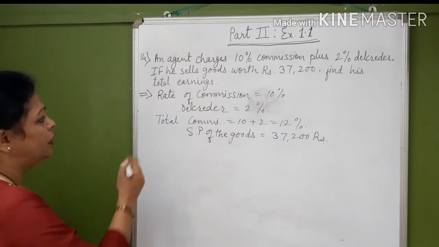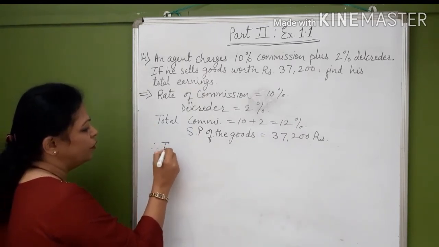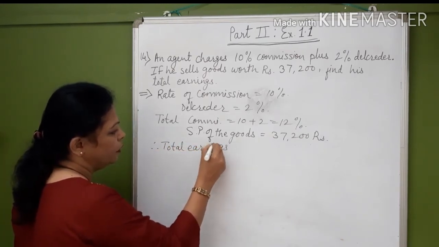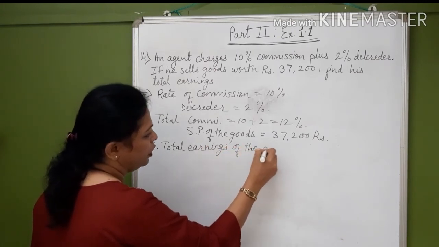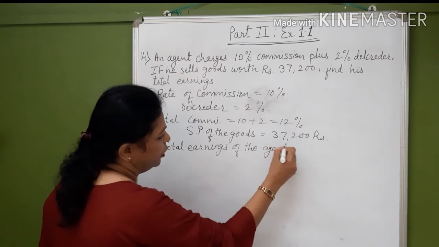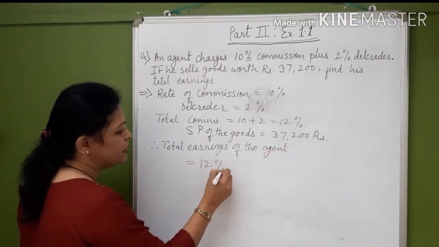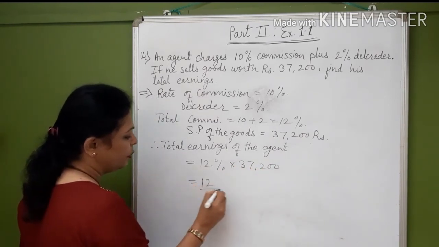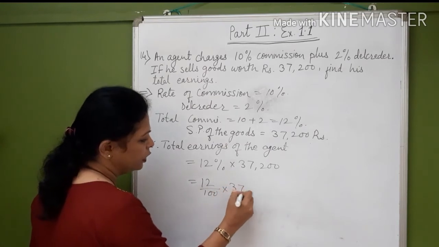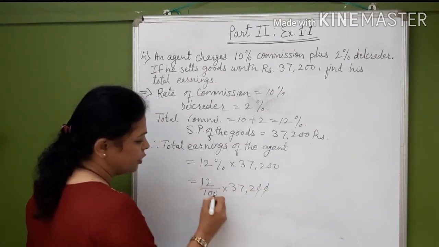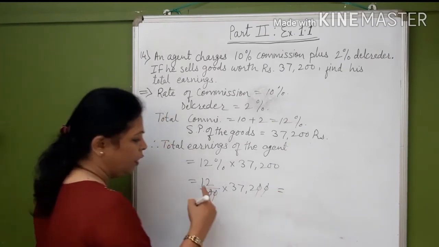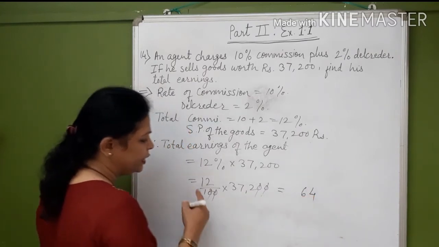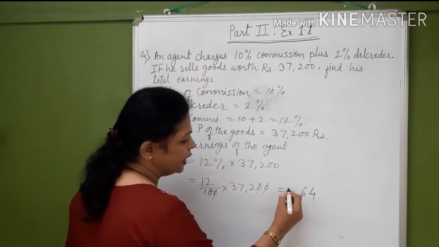Very simple sum. Therefore, total earnings of the agent is equal to 12% into 37,200. That is 12 upon 100 into 37,200. So these two zeros will get cut. 12 2s are 24, 12 7s are 84 and 2 86, carried 8. 12 3s are 36 and 8 44.